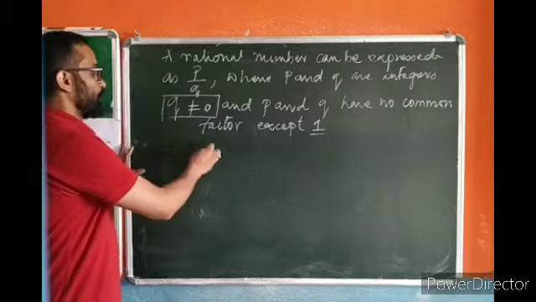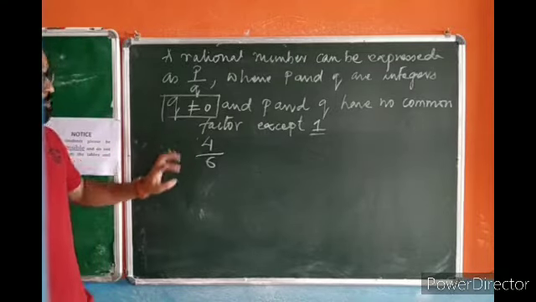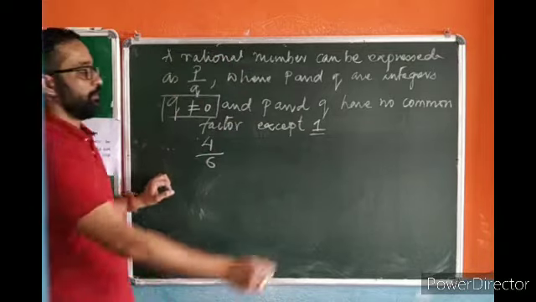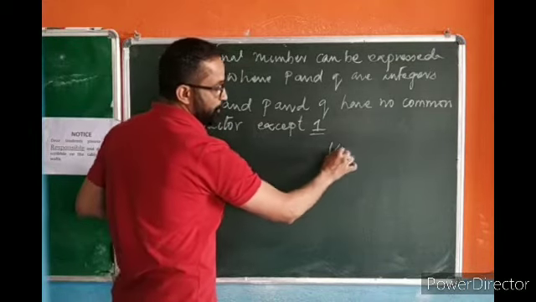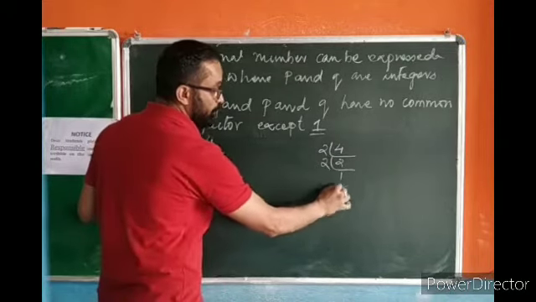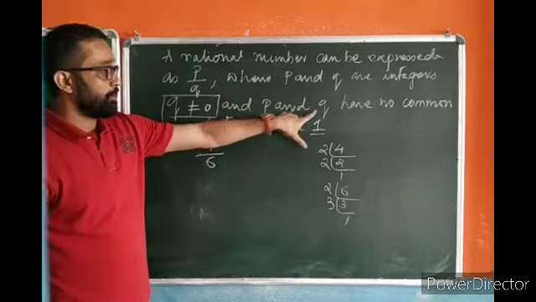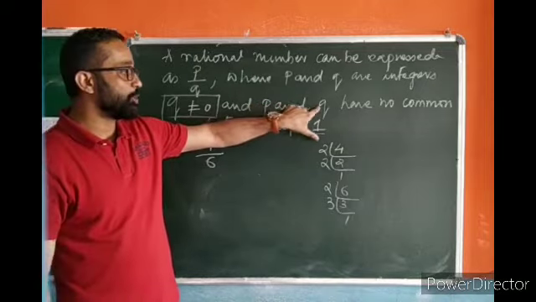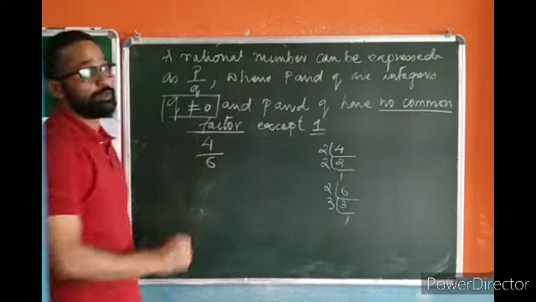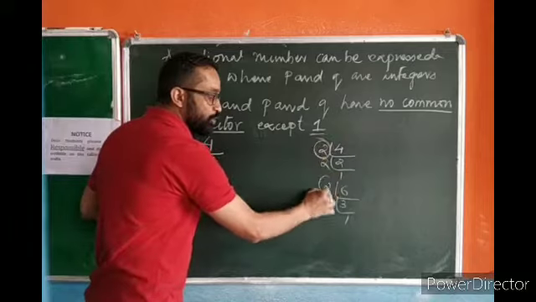Look at this. Suppose I write 4 divided by 6. This 4 by 6 is not a rational number, because when we find the factors of 4 we get 2, 2, 2, 1. Factors of 6 we get 2, 3, 3, 1. The condition says that P and Q have no common factor. Whereas 4 by 6 has a common factor 2.